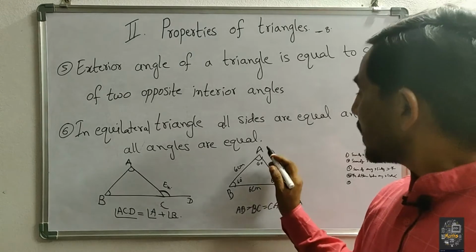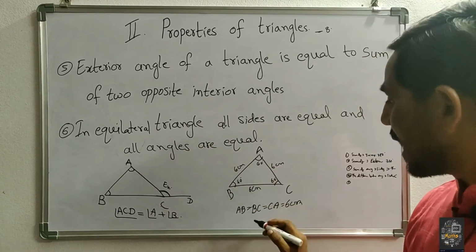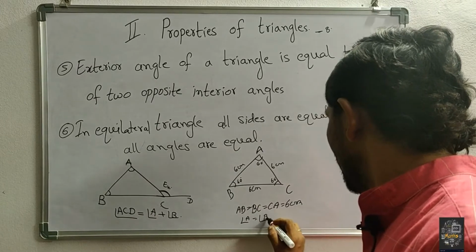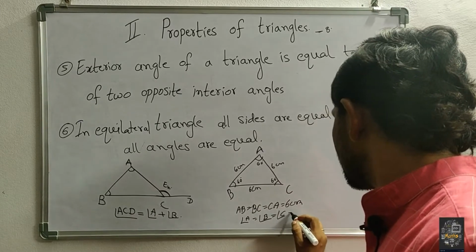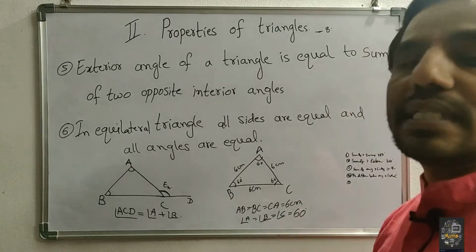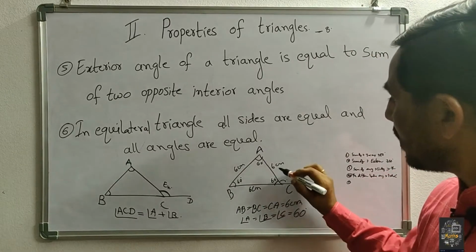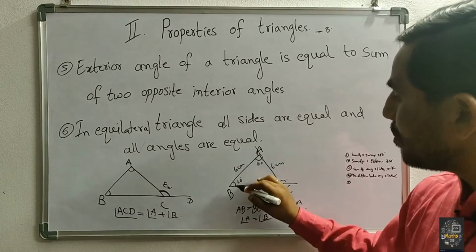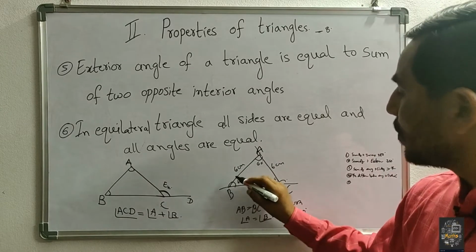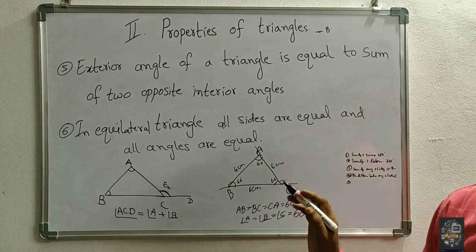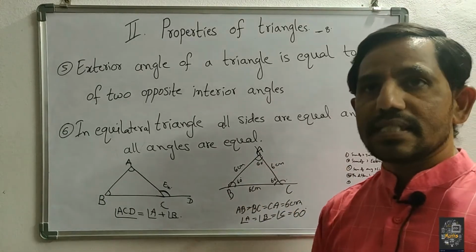Here equilateral triangle means exactly angle A is equal to angle B is equal to angle C is equal to exactly 60 degrees. So here exterior angles also, here 120 plus here 120 plus here 120. 120 plus 120 plus 120 are 360 degrees. Exterior angles are 360 degrees.